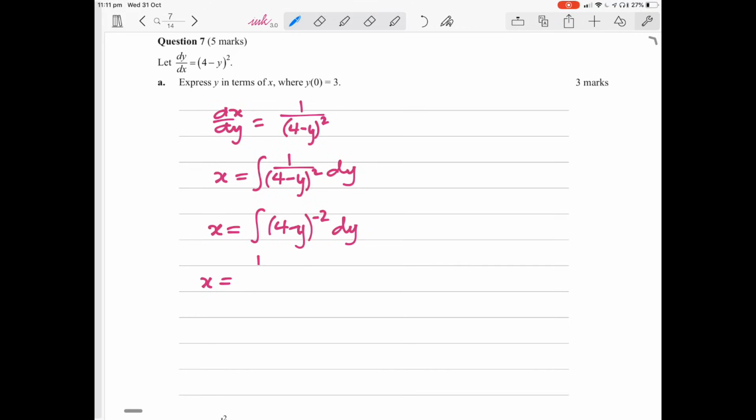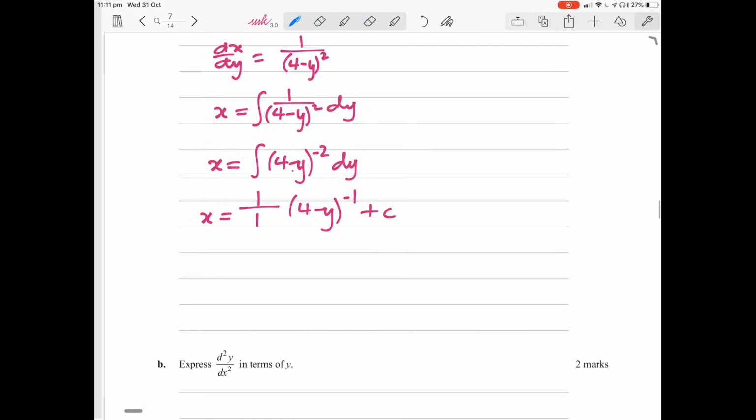We've got to divide by it. So 1 on negative 1 times negative 1, which is 1. (4 minus y) to the negative 1 plus c. So you get x is equal to 1 on (4 minus y) plus c.